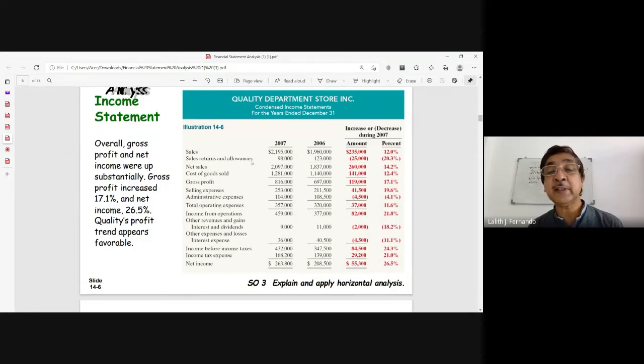Sales returns and allowances decreased by 20.3%. Net sales increased by 14.2%. Likewise, you can just see what the increases and decreases are. Other revenues and gains decreased by 18.2%. Expenses also decreased by 11%. Yes. Net income has increased by 26.5%.